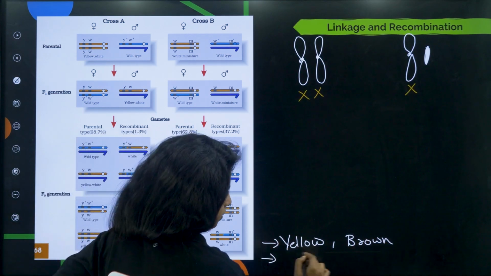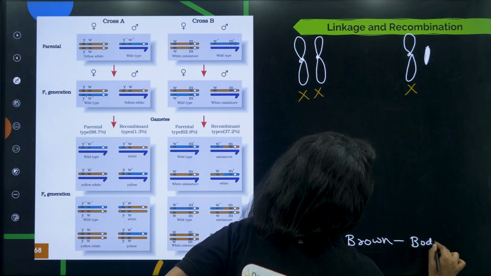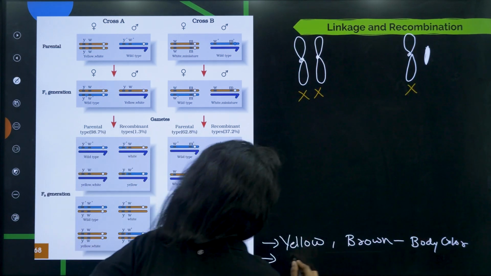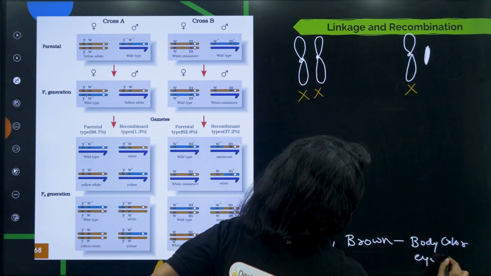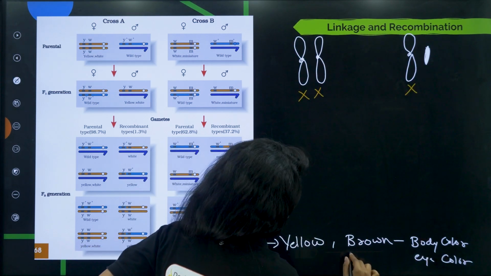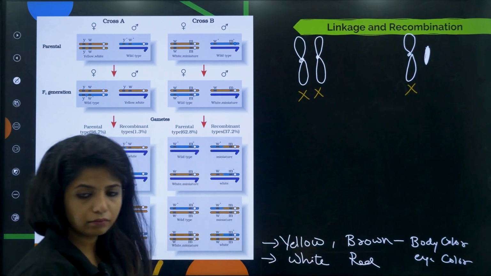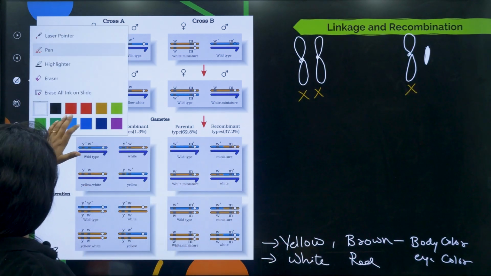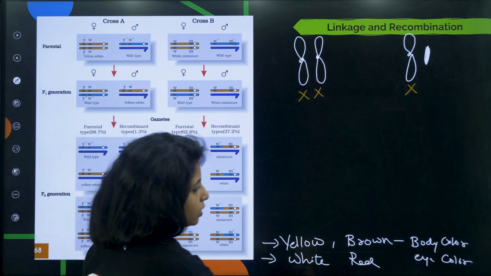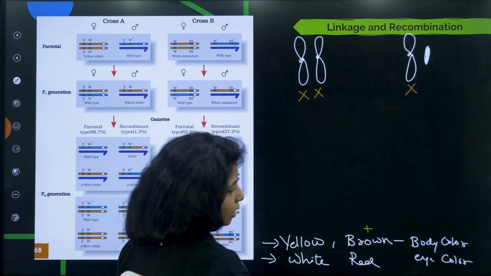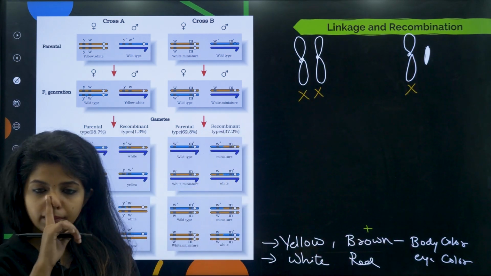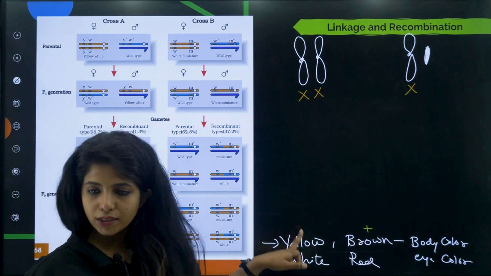Yellow and brown body color. Now you talk about eye color. One is red and the other one is white. Now you need to know the dominant trait and the recessive trait. Brown and red are dominant, children. So there's a little twist: that means yellow and white are recessive.